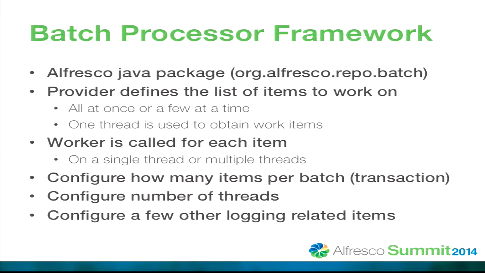So, the batch processor framework. Basically, this is a Java package in Alfresco, and it has two pieces. There's a provider, which just produces a bunch of work, and then there's a worker, which takes each item of work and does work on it. And the cool thing is you can set a number of threads, and you can indicate how many items per batch, which really means how many items per transaction.